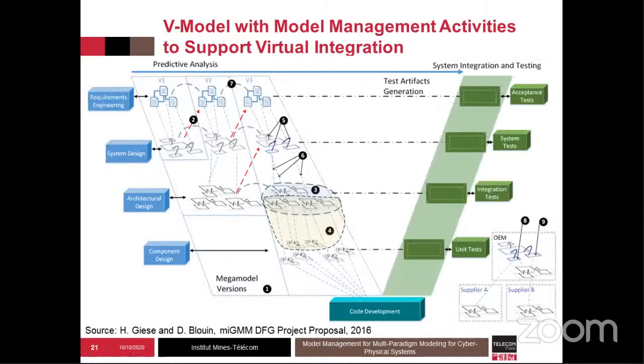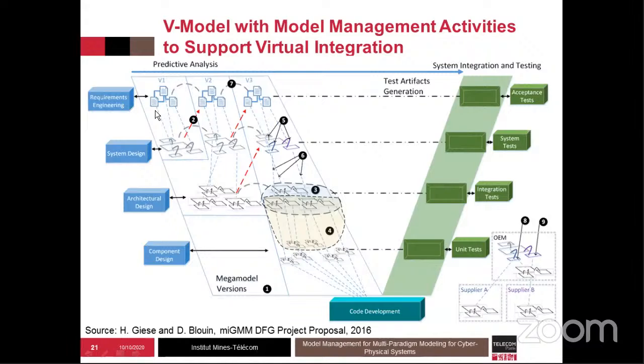So as we can see, on the V-cycle model of the normal design, we add an activity of verification with these models. Because you have all these models, another activity that you will need to add in this V-cycle is to manage the models. And that's why we have that diagram here where you show these model management activities that go along the V-cycle.